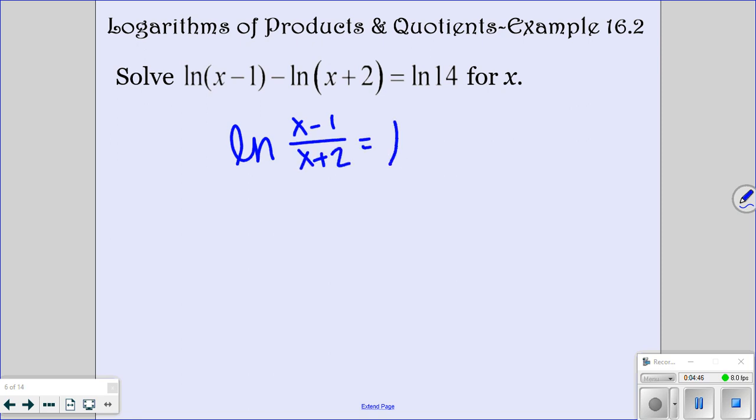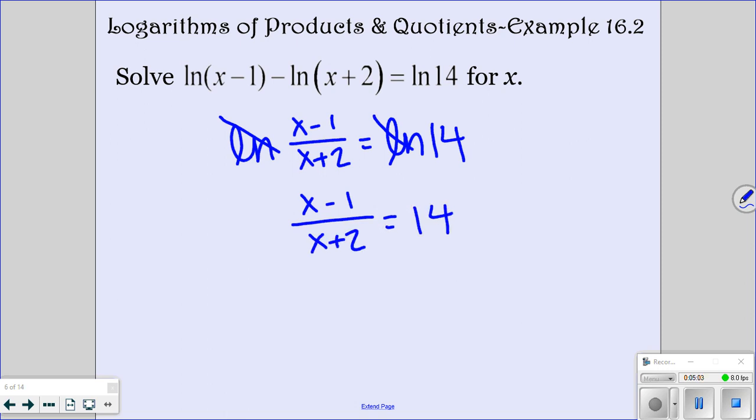And then on the right side we have the natural log of 14. We don't need to try and put it in exponential form because they both are the natural log, so the natural logs can cancel, so that we have x minus 1 over x plus 2 equals 14. From here, we're going to cross multiply.